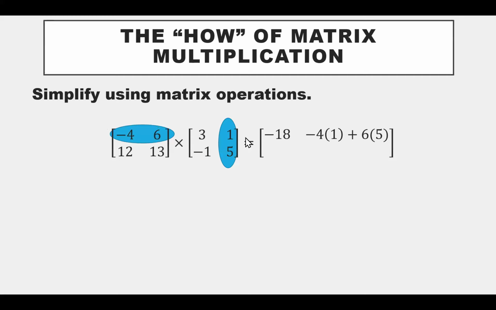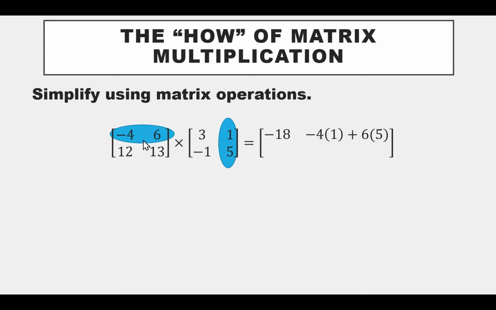And then I move on and I take the first row times the second column. So -4, 6 times 1, 5. -4 times 1, 6 times 5. -4 plus 30 will become 26.